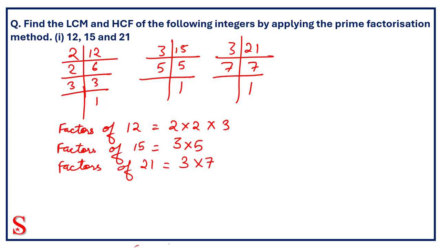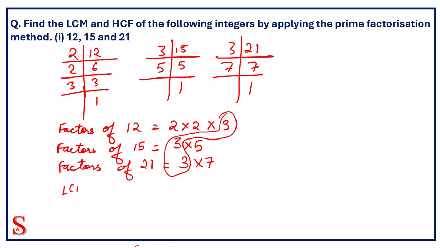Now here we have to check out the common factors among all these three numbers. Any number which you find in all these three numbers, that is 3. 3 is the common factor here.